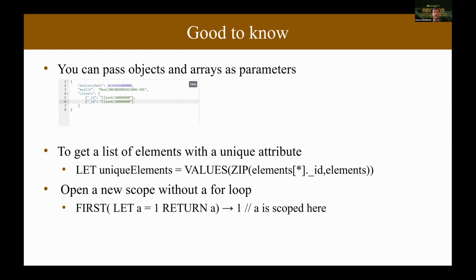Especially when you work with documents, distinct is not that easy because the structure of a document matters. And if you want to, for example, use an ID as a comparison value for distinction, I don't know how you say that, you can do that by using the values in zip.